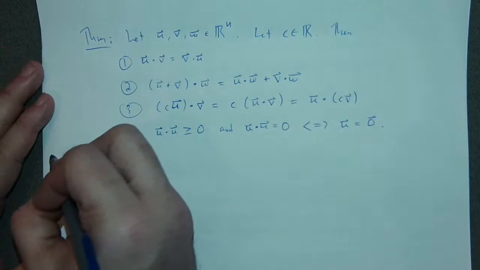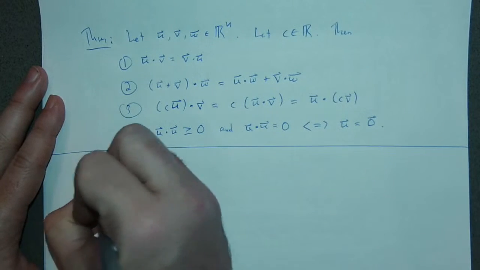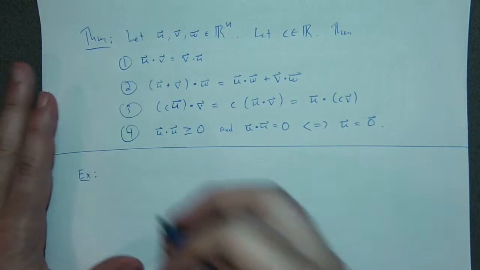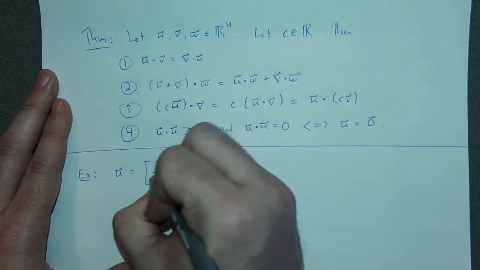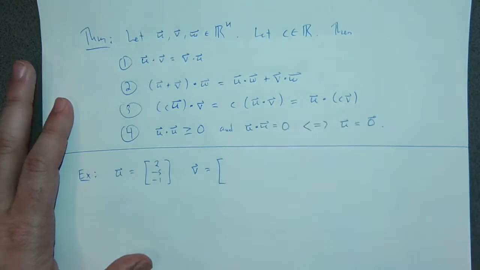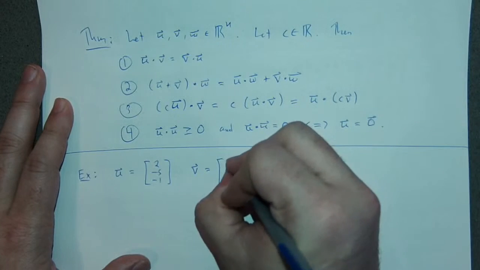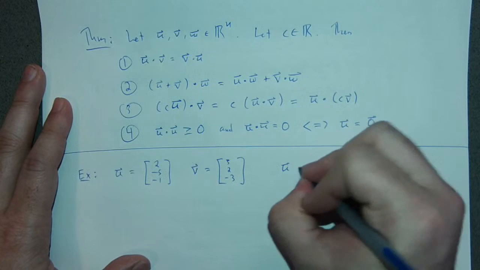Okay. Now, quick example. So let u be, say, (2, -5, -1), and let v be the vector, we'll say (3, 2, -3). All right, what's u dot v?